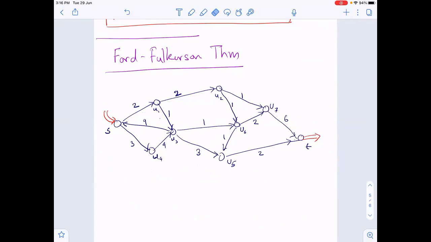So I want to find the maximum flow from S to T. So what do I do?